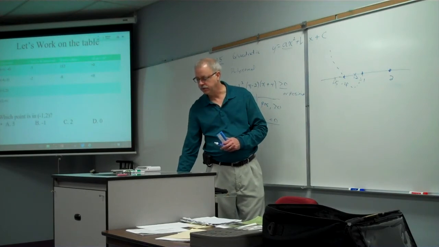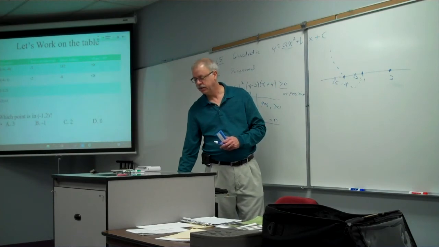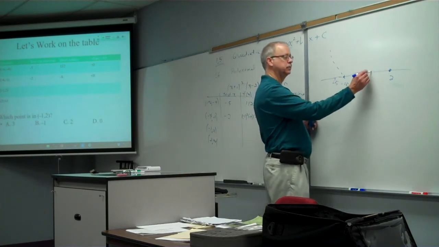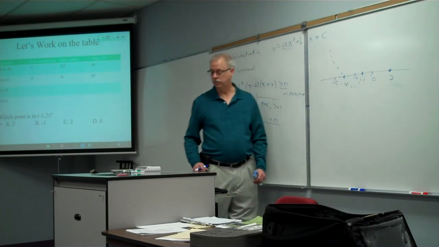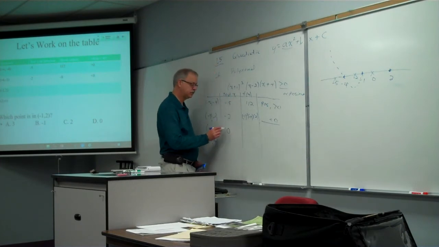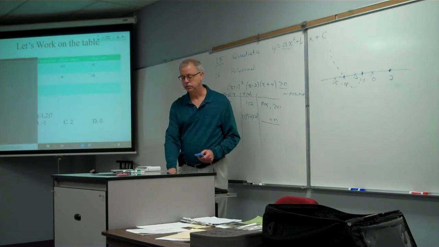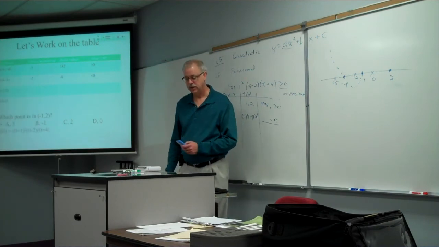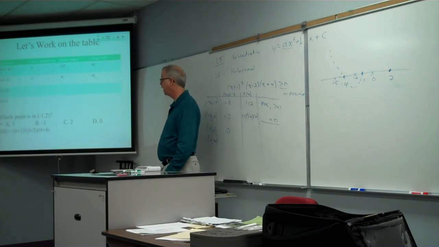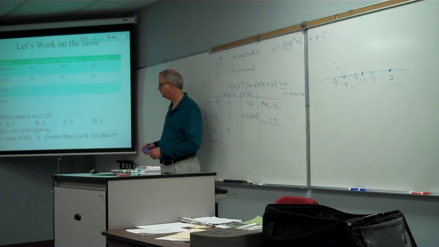And of the options given, only 0 is in the next interval. -1 and 2 are both on the endpoints. So we'll pick 0 as our next point, and we'll do the same type of analysis. Can we figure out what the value of the function is there, or at least what the sign is there?